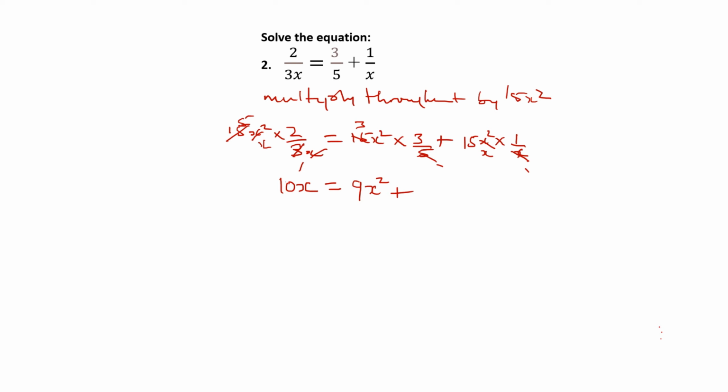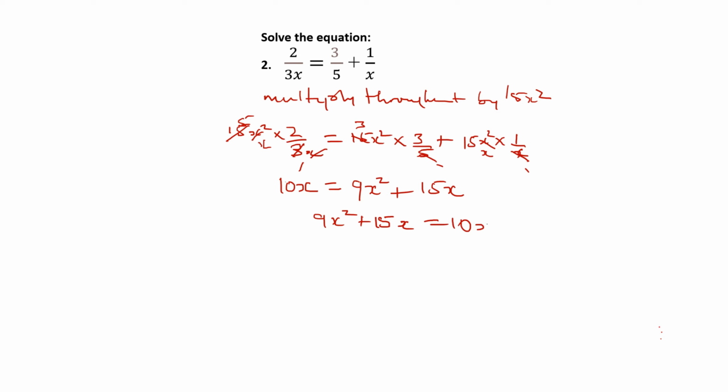The x cancels this one, so we are left with just x, so it's 15x. So this is what we are left with. So we can write this equation same as 9x squared plus 15x is equals 10x.